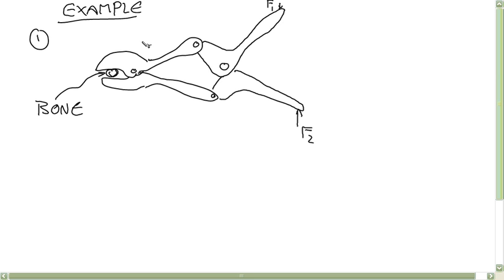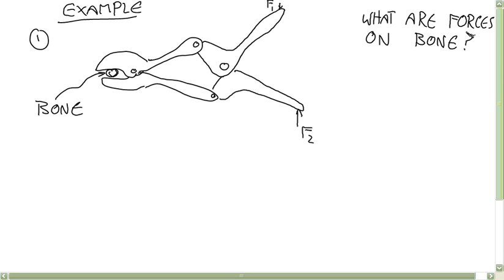Like say you're designing this piece of equipment. And notice that you can't solve this problem with a single free body diagram and a single application of Newton's second law.